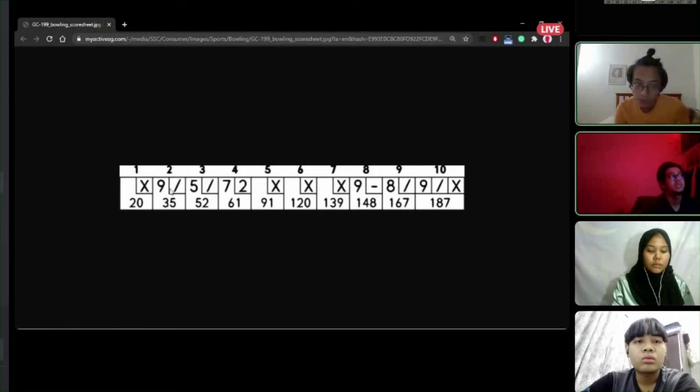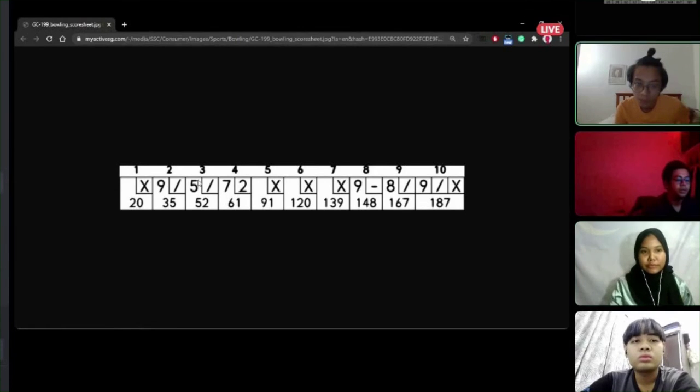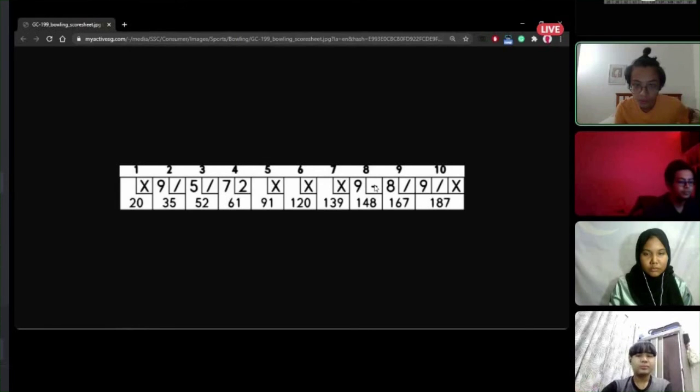So 20 plus 5. It really makes sense and is simple. For balls thrown from 1 to 9, you get the number of pins knocked down. If you got 1, you get 1 point. But if you got 0, it is called a gutter ball and it becomes a dash like this.